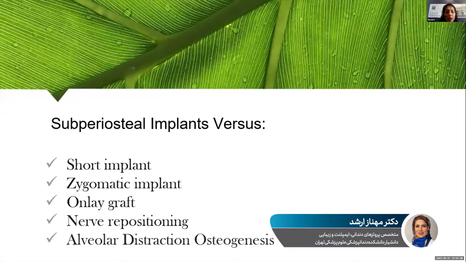Another way, alveolar distraction osteogenesis, is a very heavy procedure. Controlling the plane of occlusion is very hard, especially in old patients, and many of our patients are of old age.